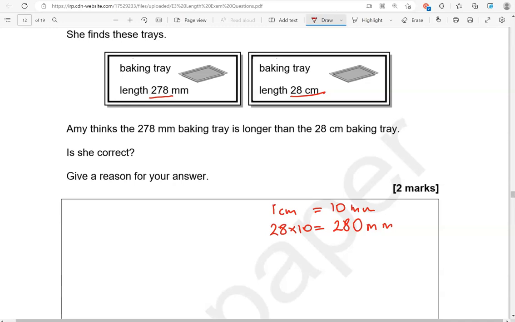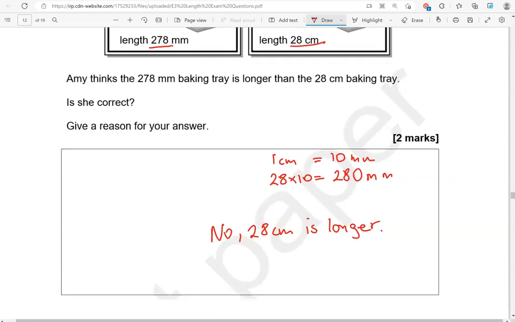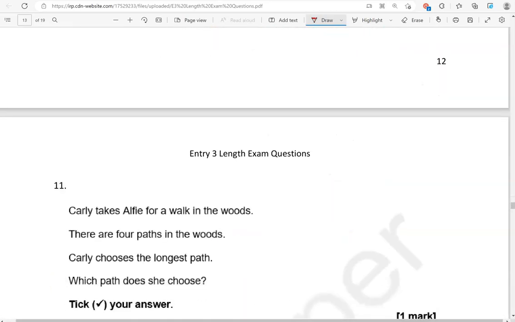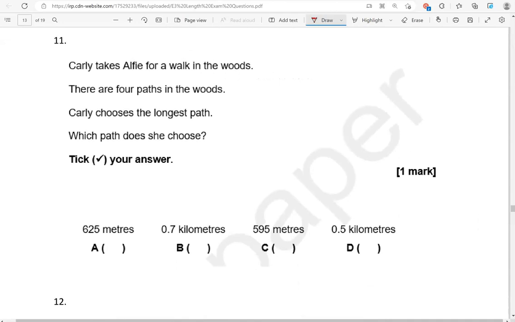That's why Amy is not correct. So we're going to say no, the 28 centimeter tray is longer. And we've shown the working out with the conversion there.